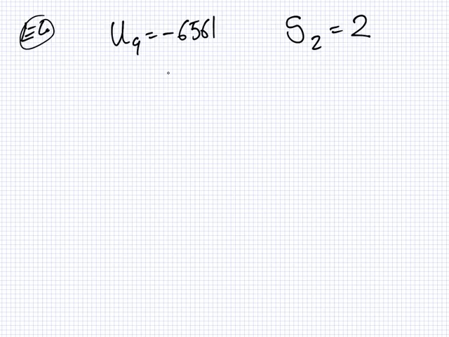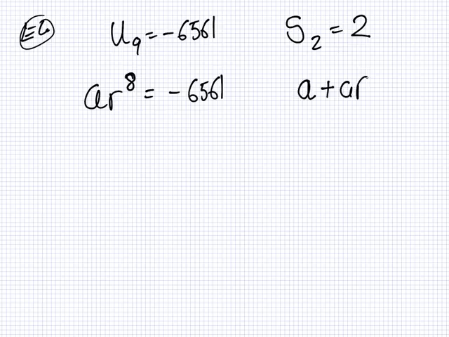Right. So here we know the ninth term is minus 6561. That means A r^8 equals minus 6561, and of course we're looking for A and r. Here S2 means the sum of the first two terms, which is just A plus A r, and that equals 2.